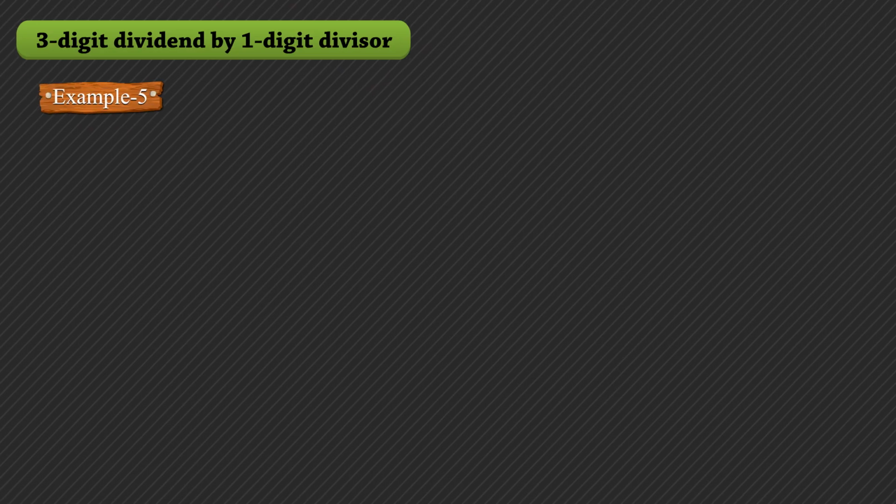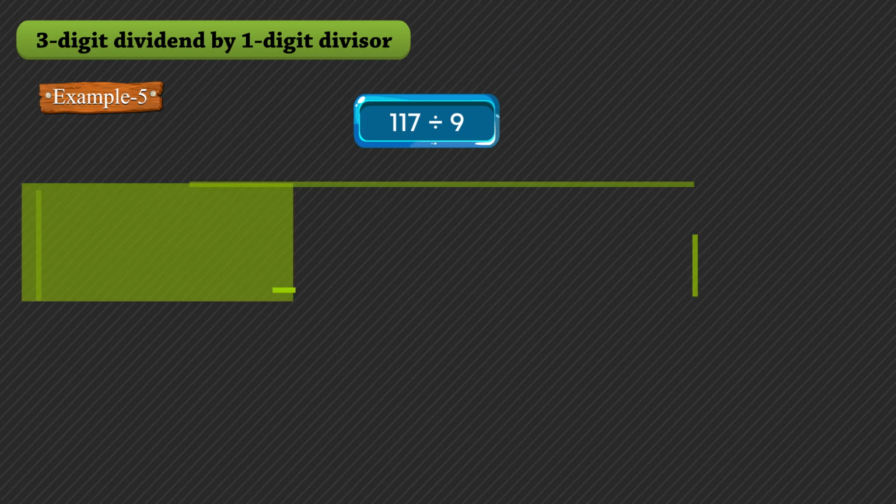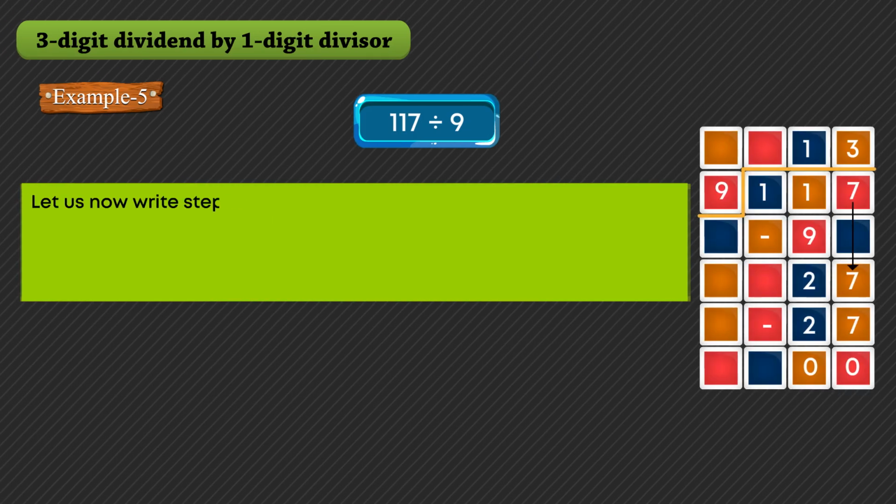Example 5. 117 divided by 9. Let us now write the steps in short and the numbers without the grid squares. 1.